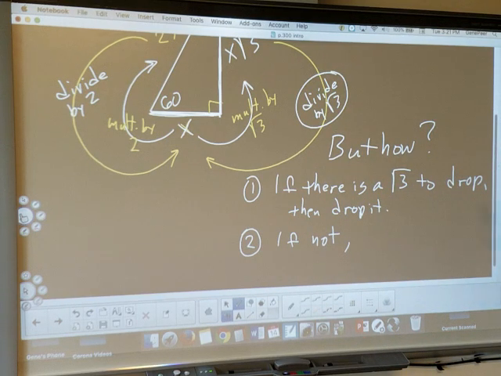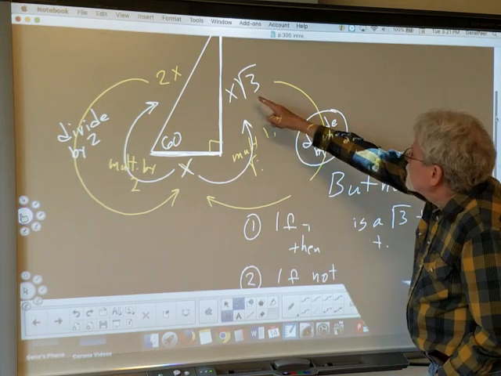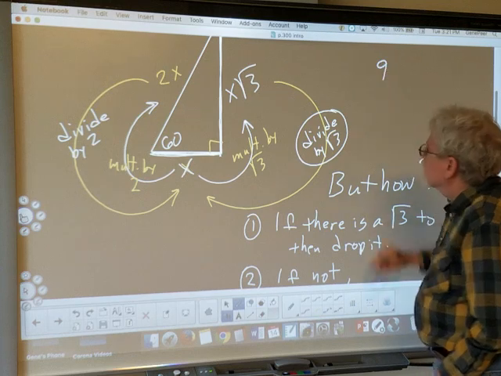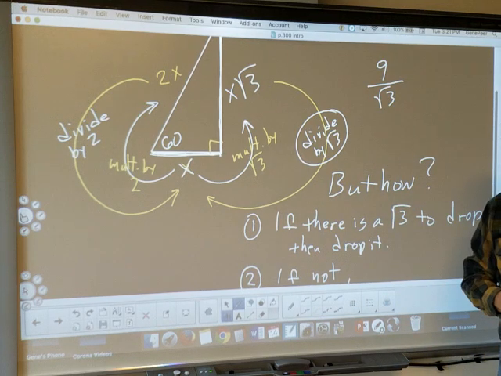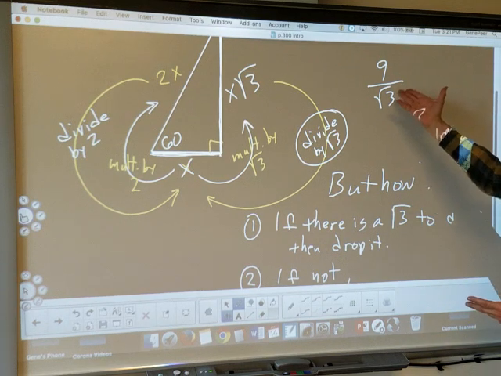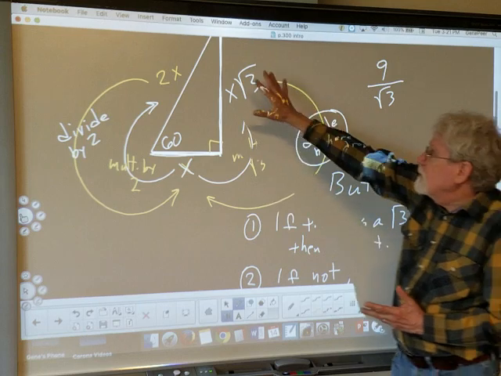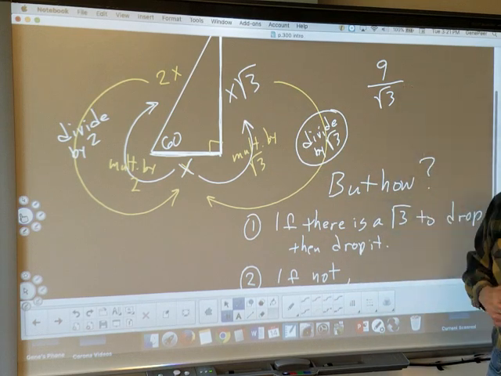Be patient. Suppose this guy is 9, and we're supposed to divide by square root of 3. We can't leave it like that. Whatever's sitting here, you put a square root of 3 under it. That's it. But you can't leave it that way.